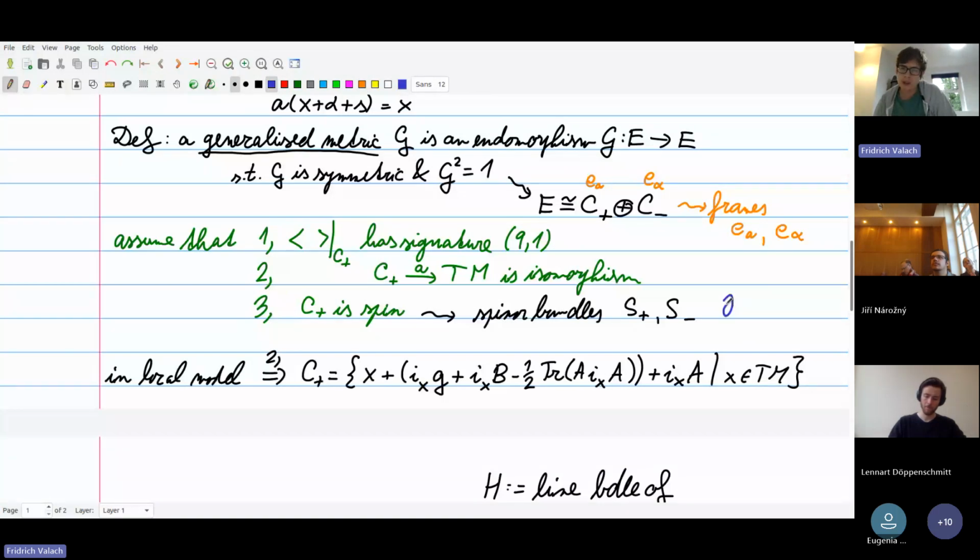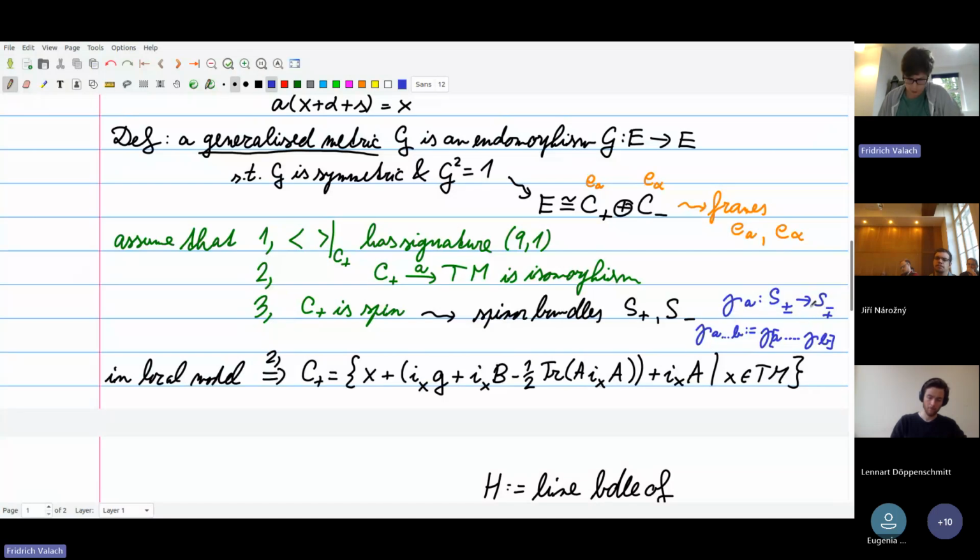There is gamma A, which acts on these spinors. In fact, what they do is send S plus to S minus and vice versa, so they really act on their sum. People usually also talk about gammas with multiple indices, which is defined simply by taking all these gammas, multiplying them with each other, and then antisymmetrizing.